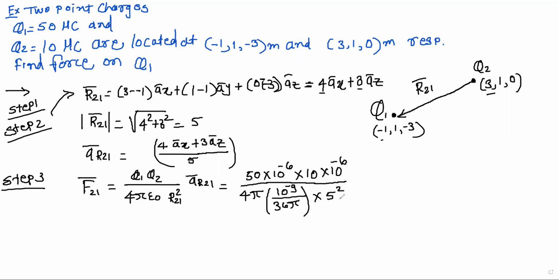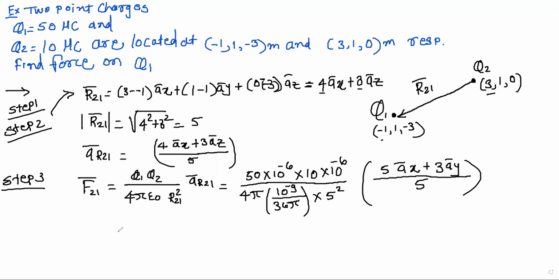Stop me if I'm wrong. Into 5 a bar x plus 3 a bar y divided by 5.